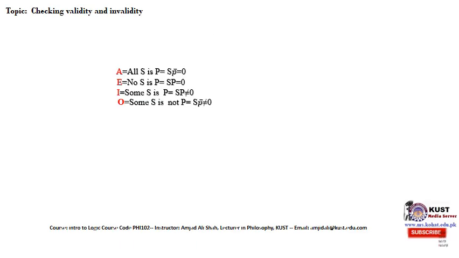Students, if you remember, in the previous lecture we showed the individual diagrammatic representation of the four categorical propositions. We got these results: All S is P, SP bar is equal to 0. No S is P, SP is equal to 0. Some S is P, SP is not equal to 0. Some S is not P, SP bar is not equal to 0.